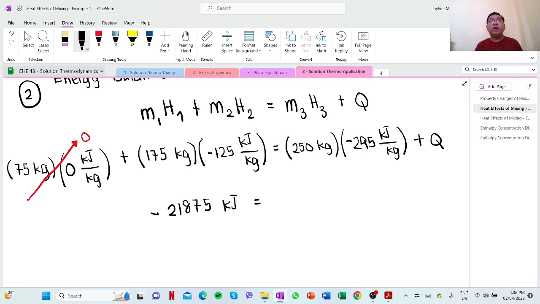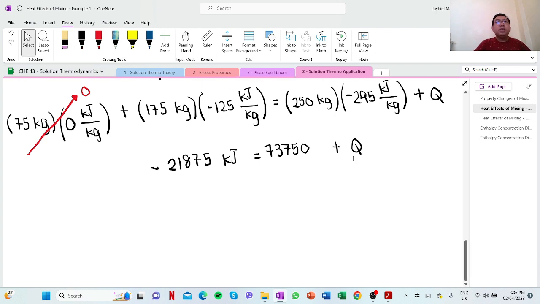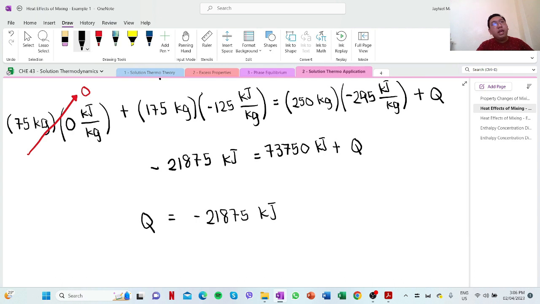Then for this one, we have 73750 plus Q. Alright, for this case, just do the mathematical manipulation: negative 21875 kilojoules minus 73750 kilojoules.